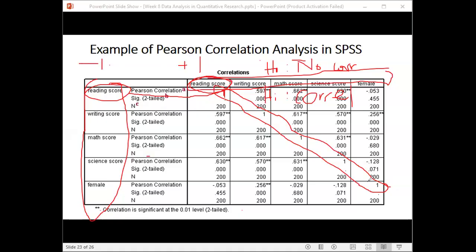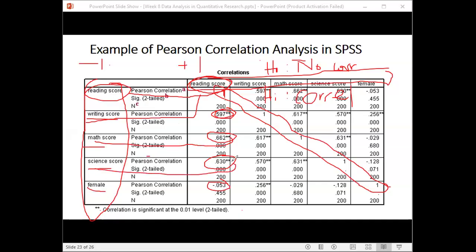So what do you expect? That's the relationship. And the others that you see on the other side, these ones, are the variables here against another variable. So writing score against reading score is what you see here. Math score against reading score.